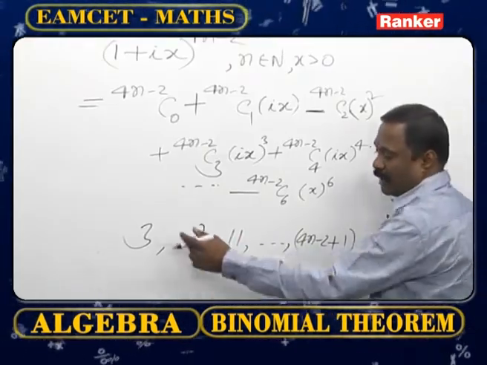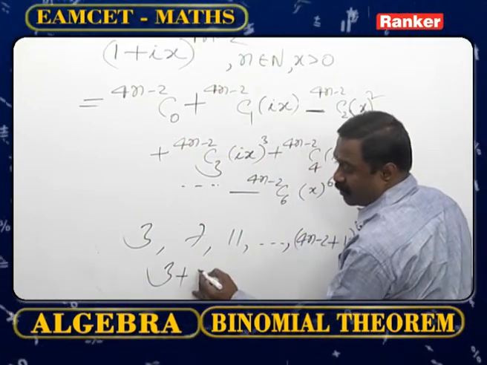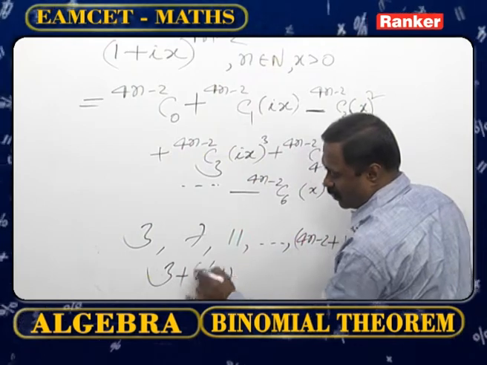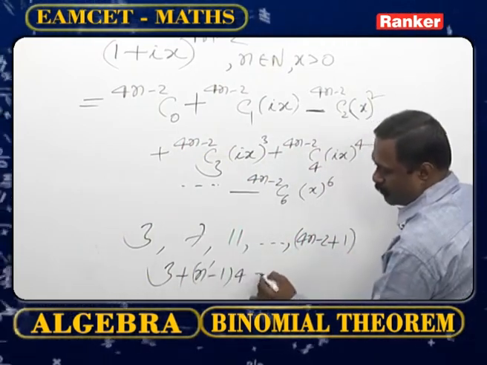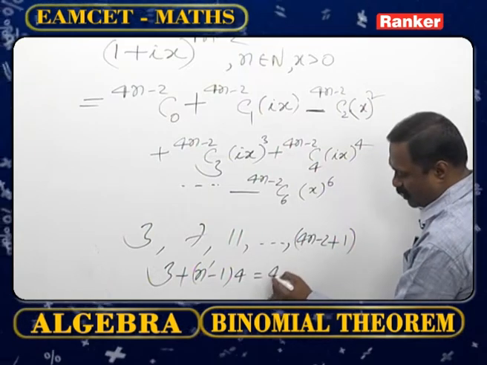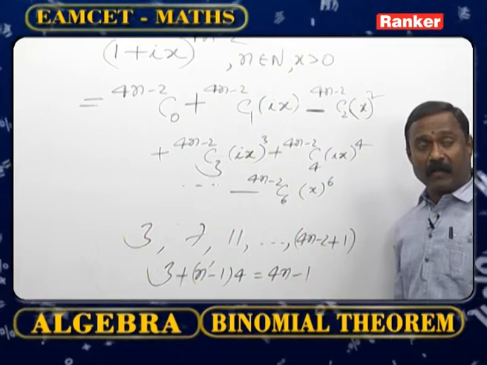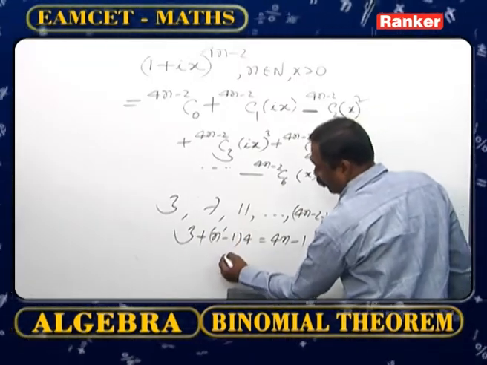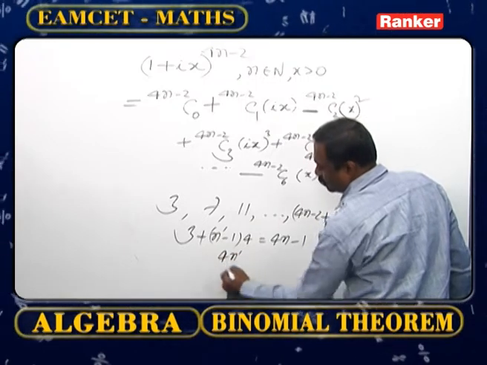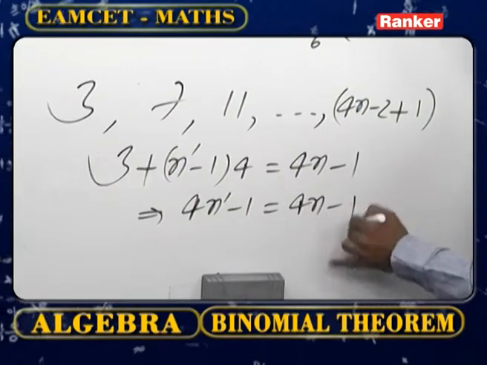Now, a plus n dash minus 1, because n is already used here, into d must be equal to, let us equate to this one. Check it out whether it forms a relation or not. Then 4n dash minus 1 is equal to 4n minus 1.